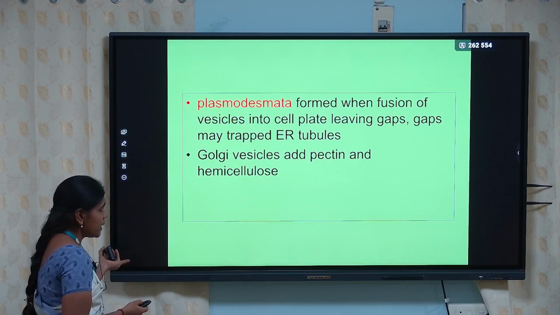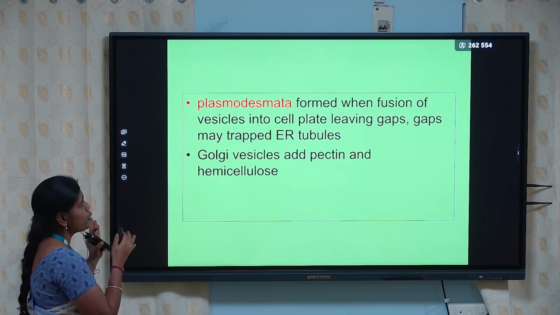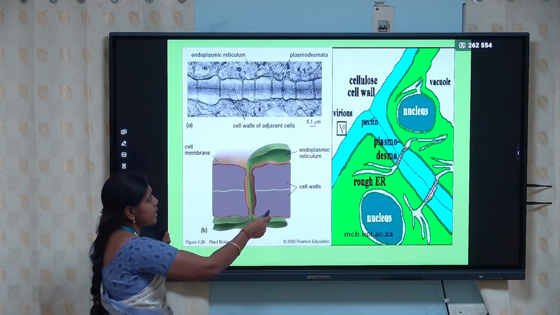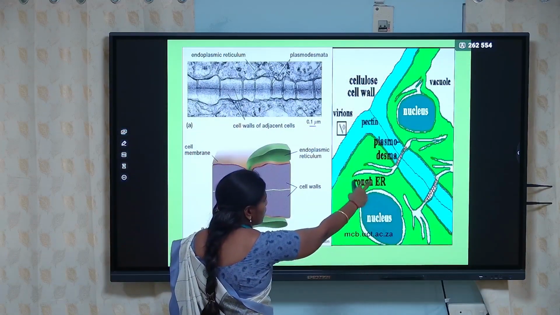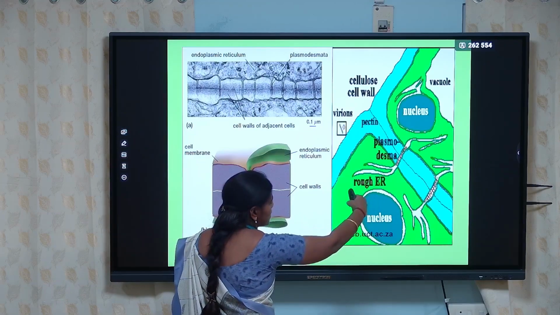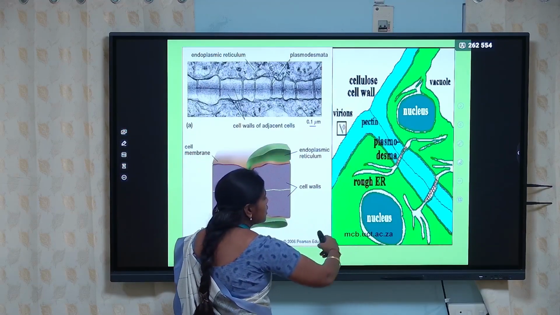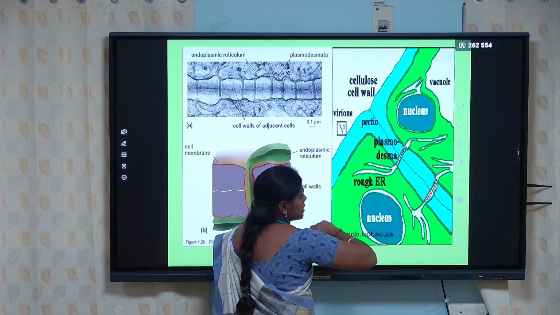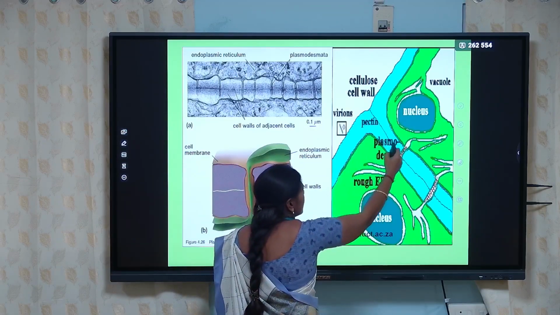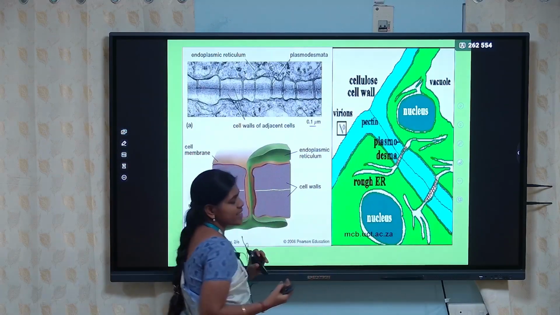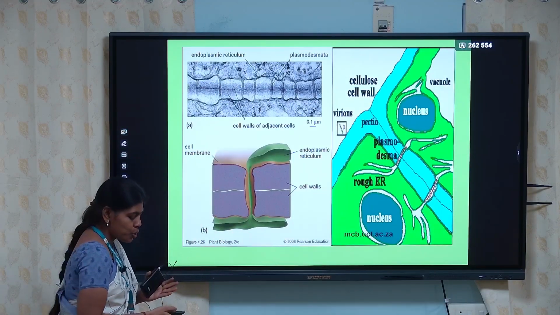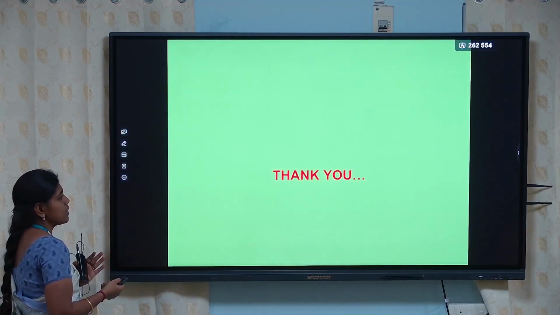As I said, they form from the fusion of vesicles into the cell plate. Here the line between the two adjacent cells, the green, shows the two cells. This is the nucleus and this is the adjacent cell's nucleus, and here are the plasmodesmata, which connect the two adjacent cells. Thank you.